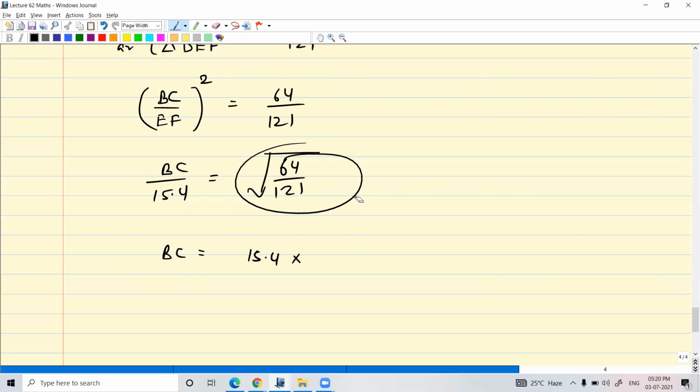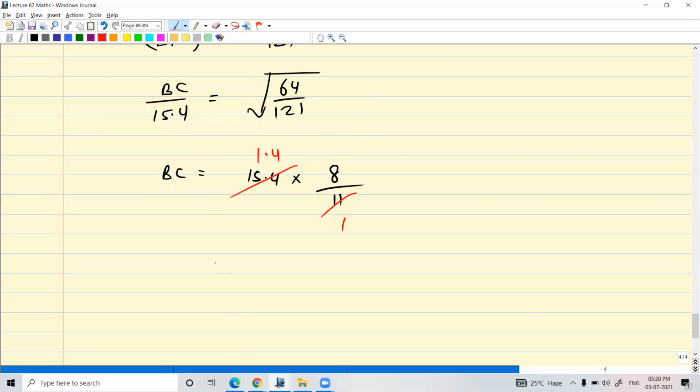Square root of 64 is 8. Square root of 121 is 11. We can cancel the 11s and the 4s. How much is the answer? Tell me. BC is equal to what? 11.2. 11.2, sir.